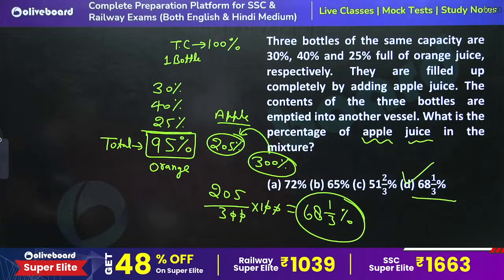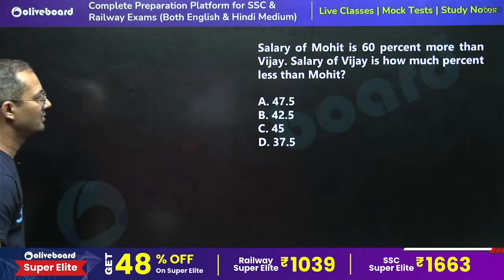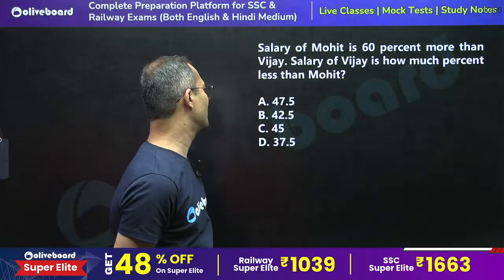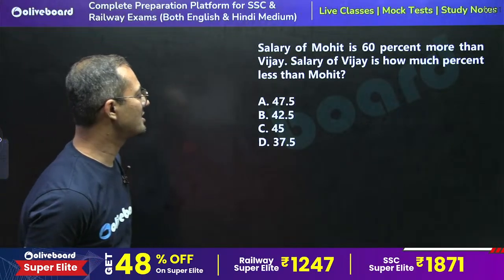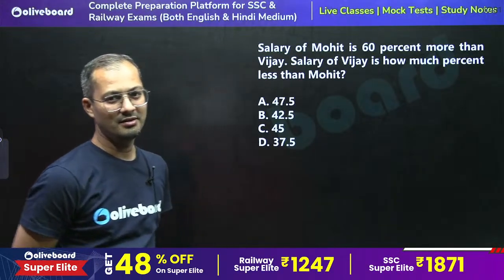Right? Yes. So moving forward, now tell me what is the answer of this question. Salary of Mohit is 60% more than Vijay. Very easy question.